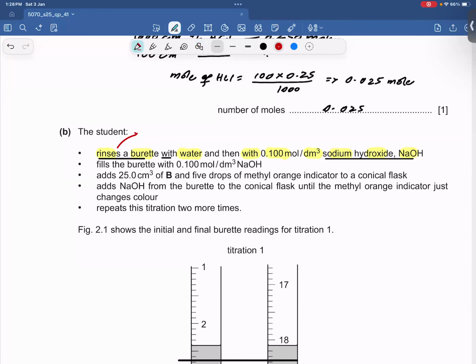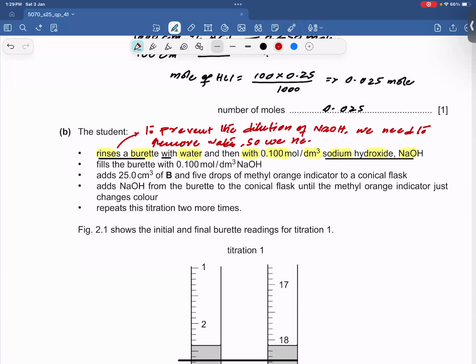To prevent the dilution of NaOH, we need to remove water. So we need to rinse it with NaOH.